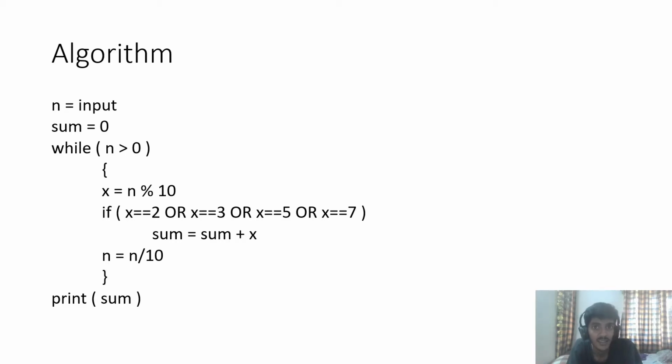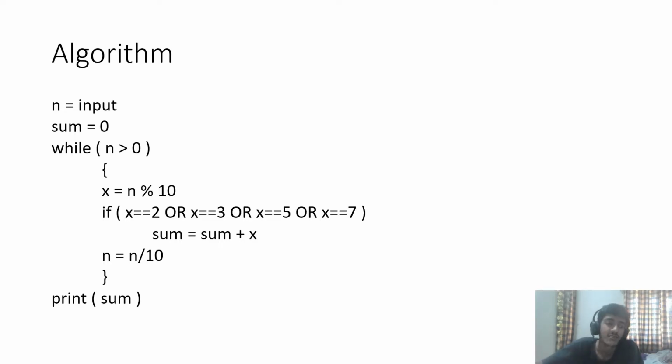Since n is an integer, when we divide it by 10 we won't get any decimals, we'll get only the integer part of the quotient. So that we get rid of the last digit. That's why we do n equal to n divided by 10, and then we repeat the loop until n's value becomes 0. Once the loop is finished, the sum variable will have the sum of the prime digits of the given n.